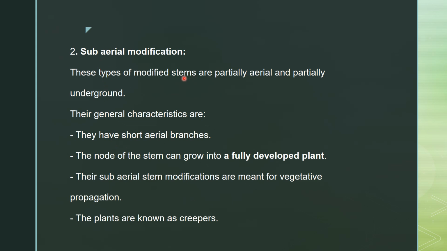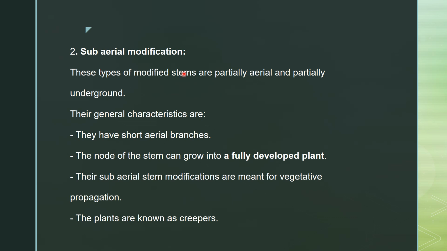These types of modified stems are partially aerial and partially underground. So from that, it's called subaerial modification. It's not completely aerial, but partially aerial and partially underground.